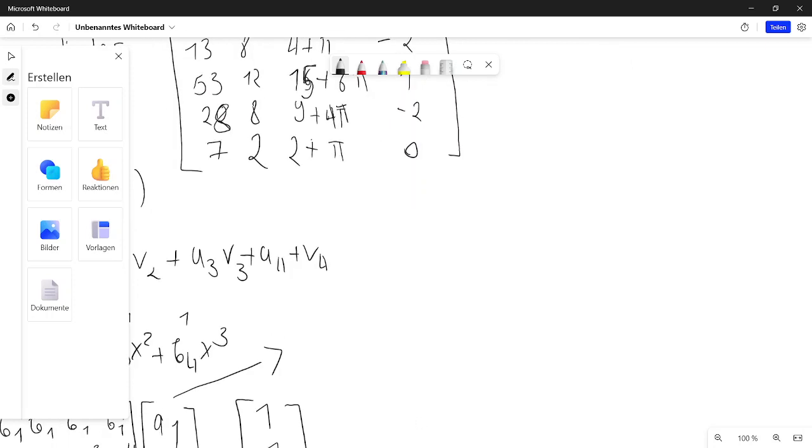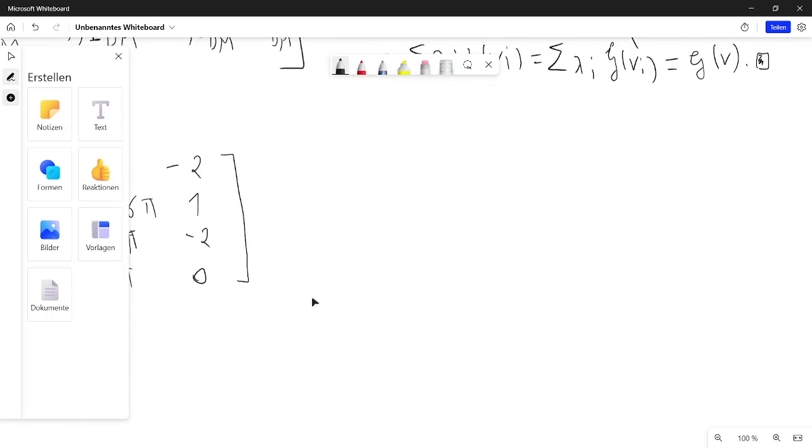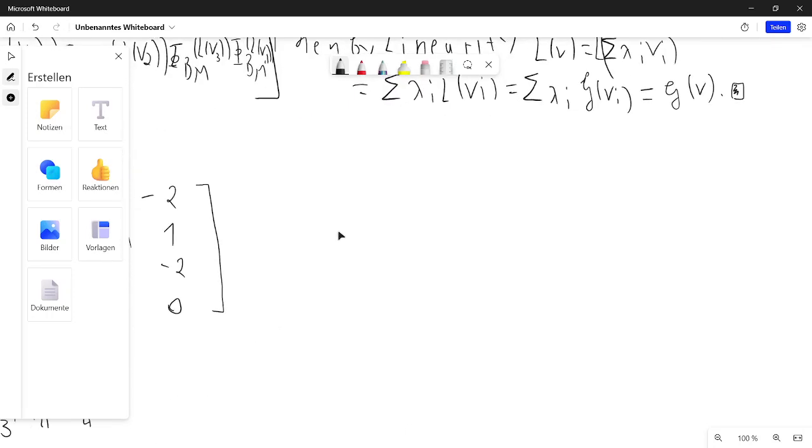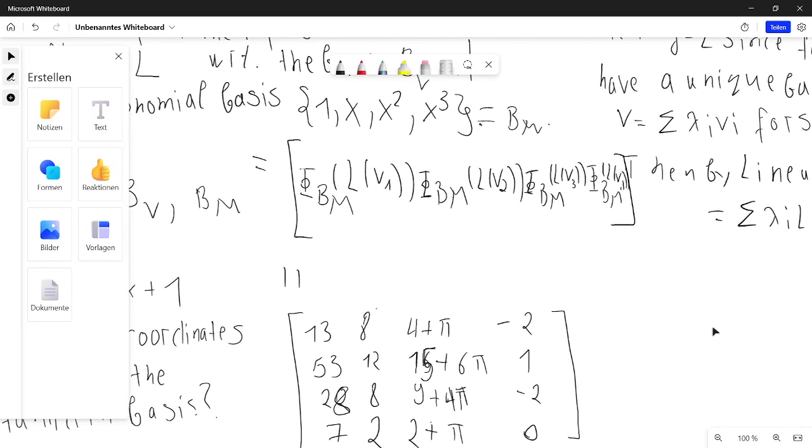Okay, now I'd like to show you an interesting theorem. We had that a linear map is completely determined by the images of some vectors in some basis, right? That was, where was it actually?